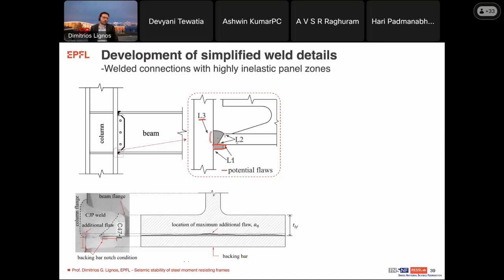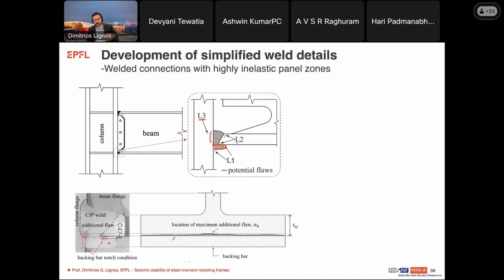And from what we know, this is a location where you will have to be a little careful and in fact remove this plate after the completion of the weld, because it creates this sort of flaw that could vary over the width of the beam. This is why we have to remove this plate and inspect the weld on the back.